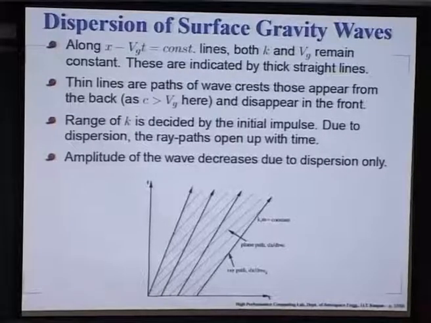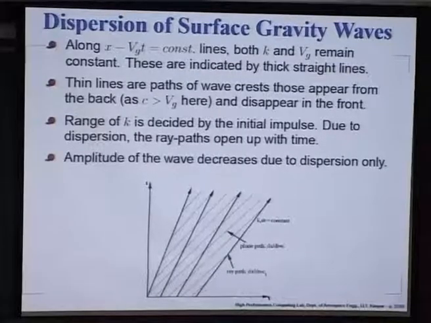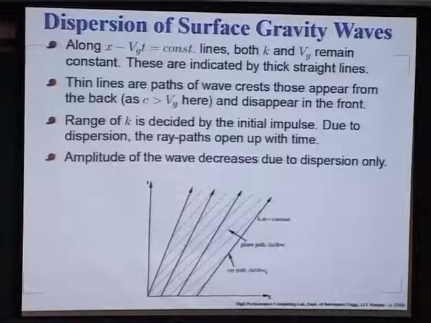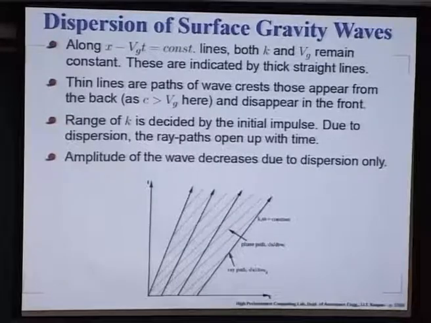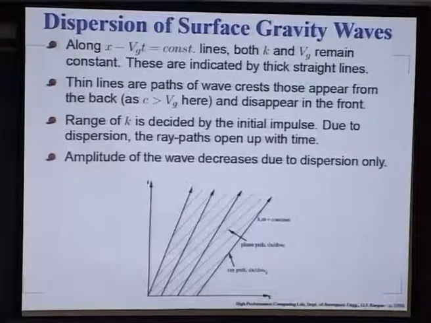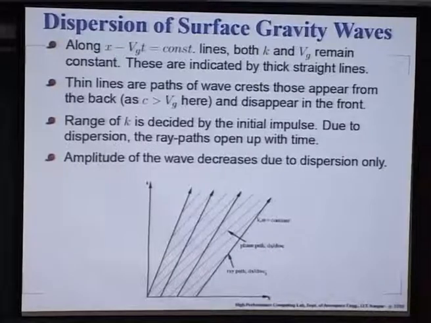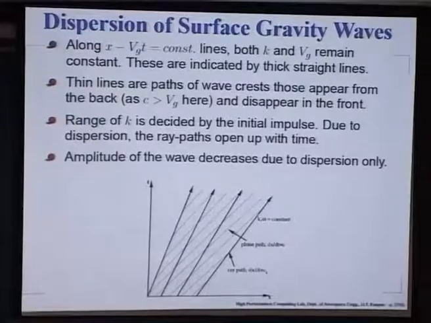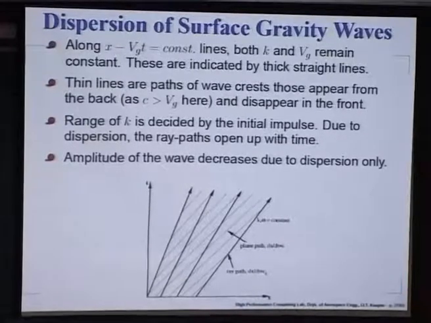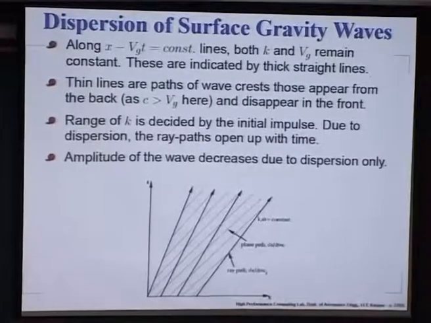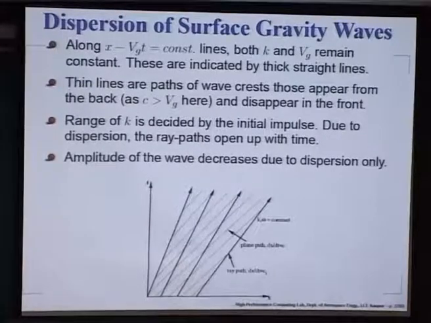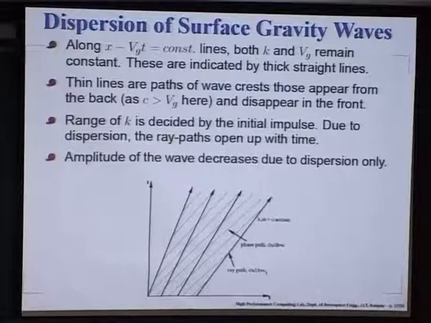Suppose we are looking at a deep water wave, then C is of course greater than V g, and for shallow water C will be equal to V g. So, for a deep water wave, C is greater than V g, and you will see that crests appear from the back and then disappear in the front. That is determined by the range of admissible V g's.